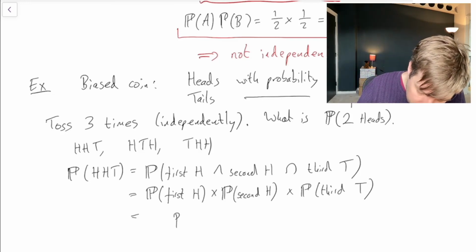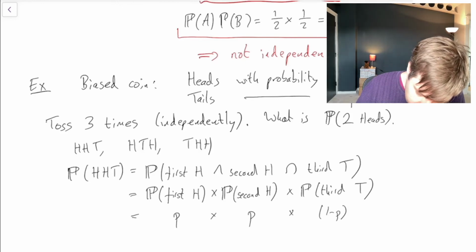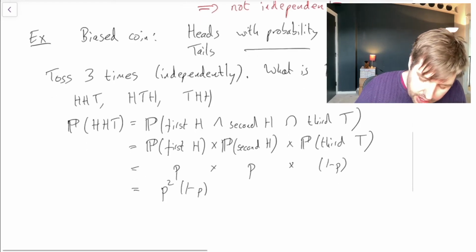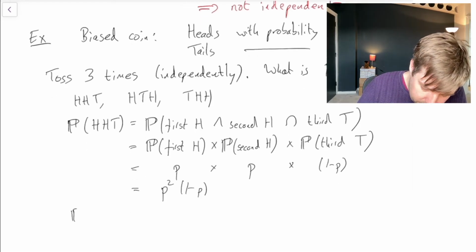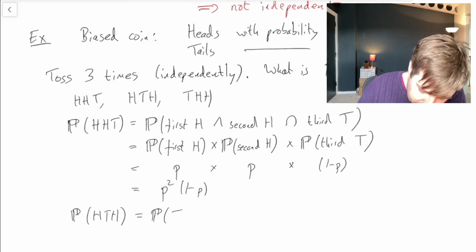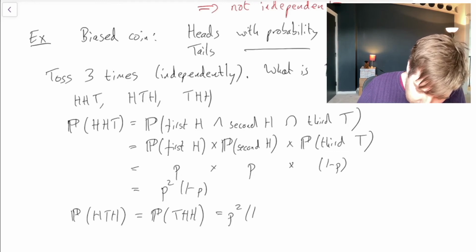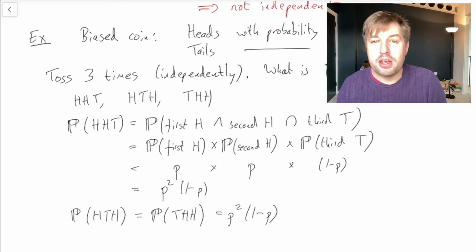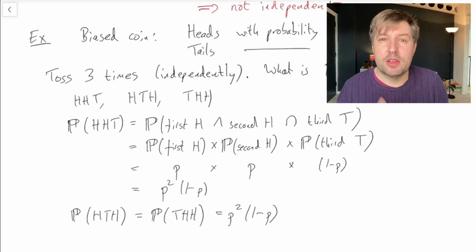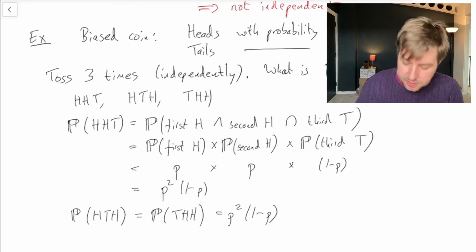And so that's p times p times 1 minus p, or p squared 1 minus p if you prefer. And similarly, the same way, albeit in a different order, we also get the probability of head, tail, head, and the probability of tail, head, head is also p squared for 2 heads and 1 minus p for a tail. Again, because of independence, allowing us to multiply the probabilities.